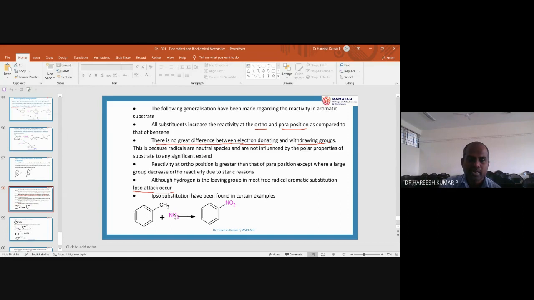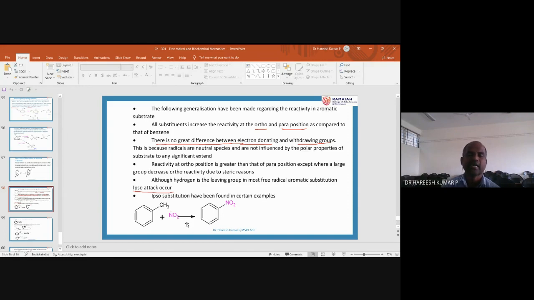In this one, the nitronium radical attacks the methyl group substituent present on a benzene ring, giving rise to nitrobenzene as the product. That is called ipso attack. In this case, the free radical is the nucleophile.